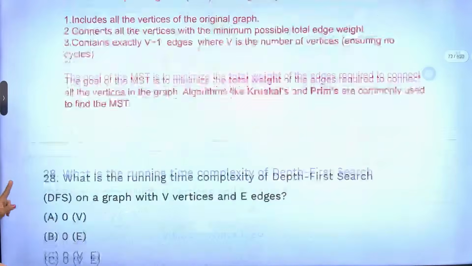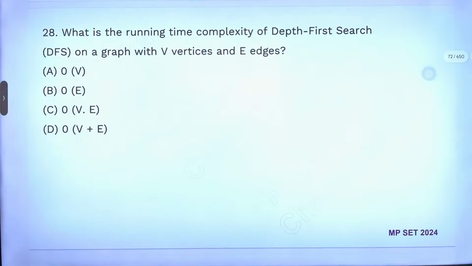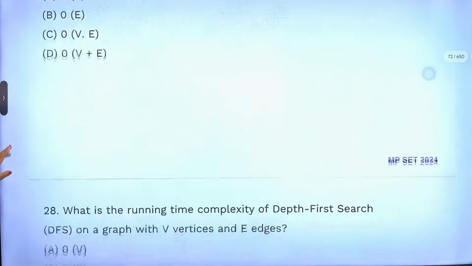Now next, what is the running time complexity of depth first search, DFS? Yes.